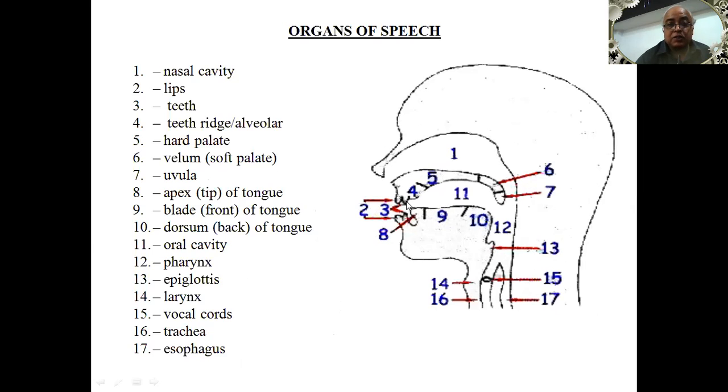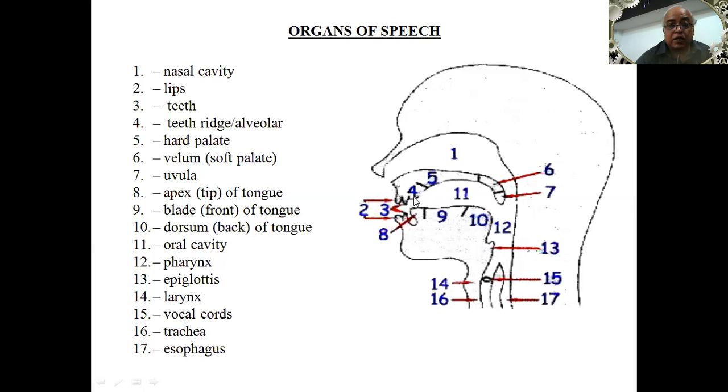And just behind the teeth, there is the teeth ridge or the alveolar. And you see, this goes up. It's quite hard. This is known as the hard palate. And towards the end, this part is soft. It is known as the soft palate or the velum.